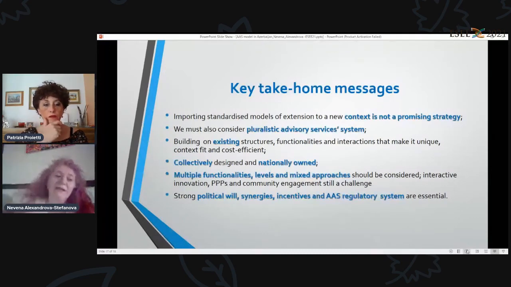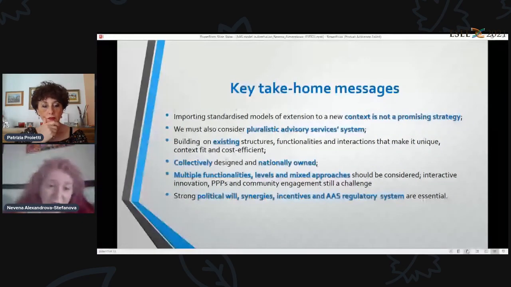We also need to build on existing structures and existing functionalities, and stimulate interactions that make the model unique, context-fit, and also cost efficient. It has to be collectively designed and nationally owned, because this is the only way that the system will feel engaged, responsible, and accountable.